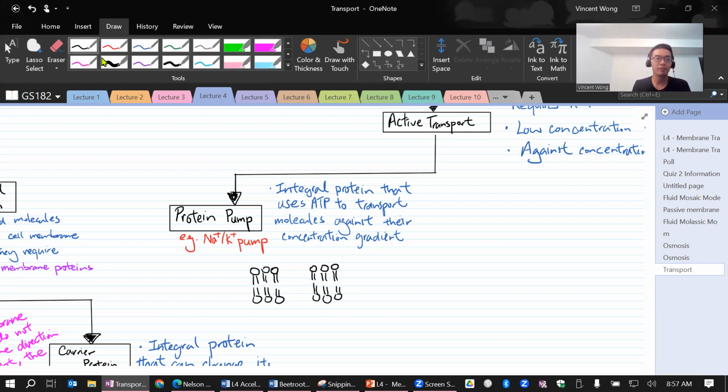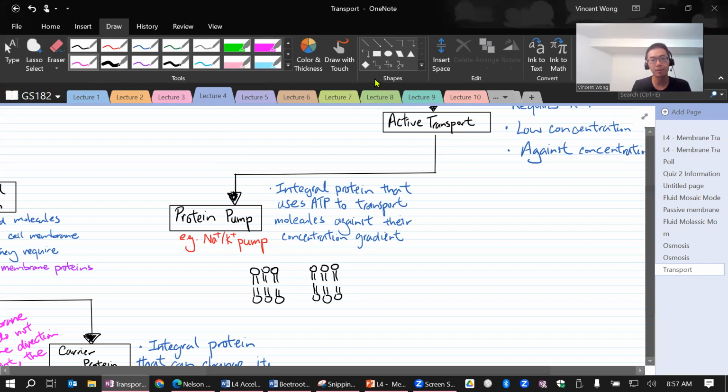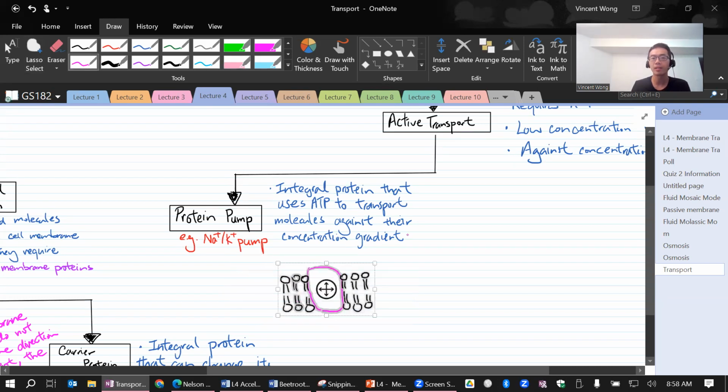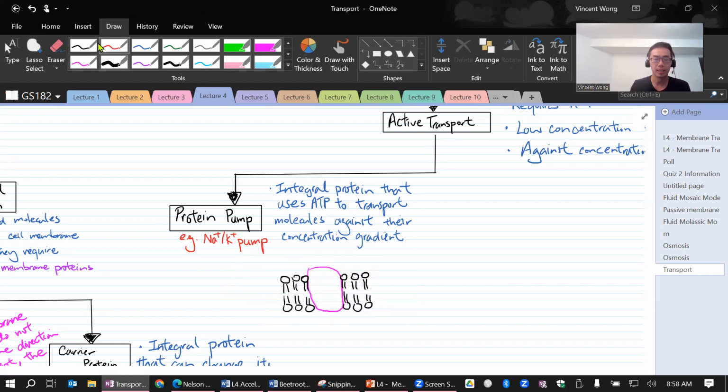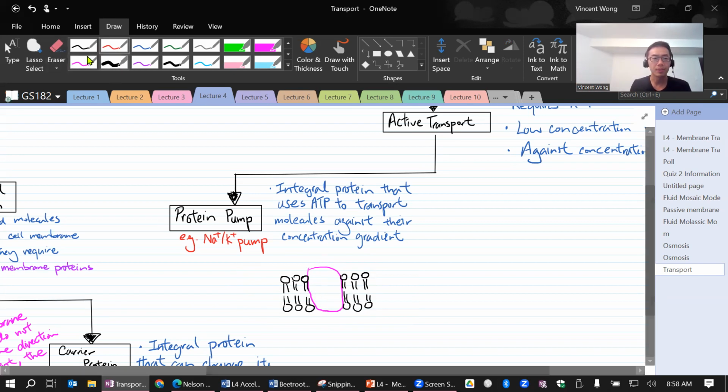Now you just have to believe me, okay? Sodium-potassium pump is necessary for the normal function of cells, including things like nerve cells. We'll learn more about it next semester if you take anatomy and physiology. So this is the inside of the cell, the cytoplasm, and this is the outside.